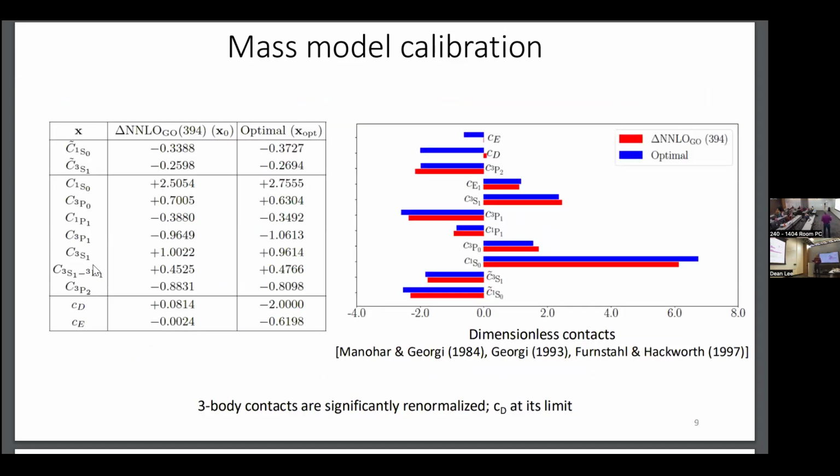Good. So here's the right plot again. These are the original coupling constants of this interaction, and this is here how the renormalization goes. You see this better here. We made them dimensionless, following Dick and others' works. But you see the main renormalization happens in the three-body sector. Now that's where all the juice is.